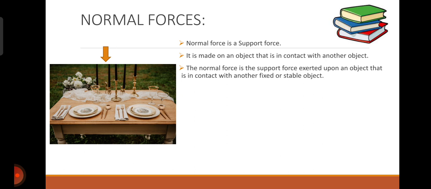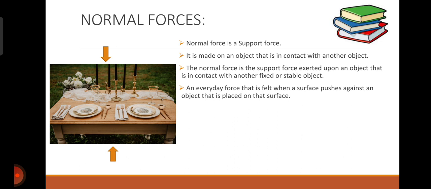We all can see that a few things are lying on the table, like a beautiful flower vase, glasses, fork, spoon, dishes. Why are they not falling on the ground? That means gravity is not applicable to them?